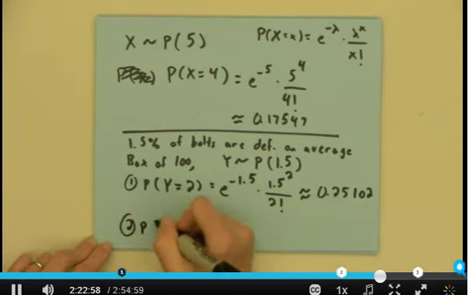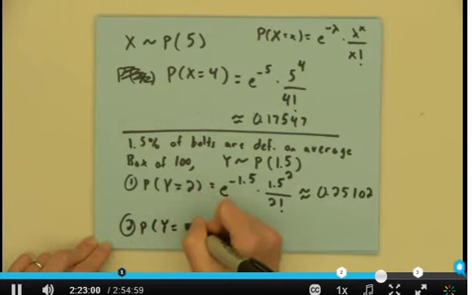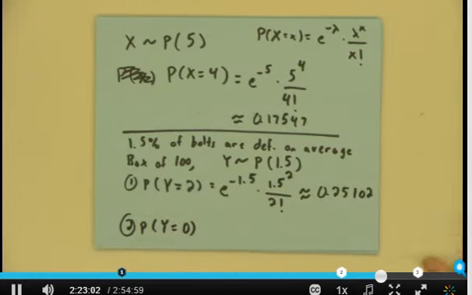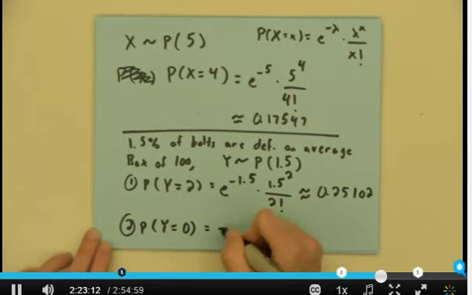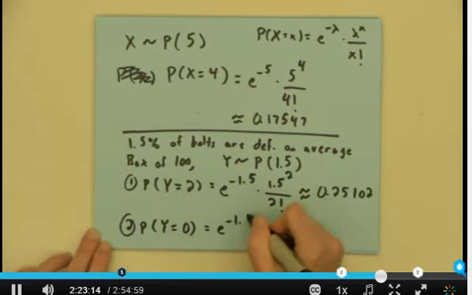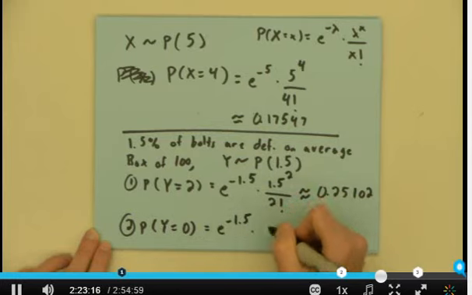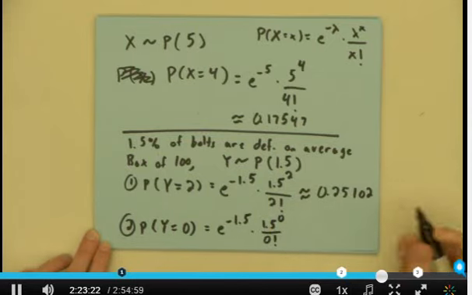What's the probability I see none? That means not one of the 100 bolts is actually defective. Same idea, just plugging in 0 for my variable value. So e to the minus lambda times lambda to the variable value over the variable value factorial.